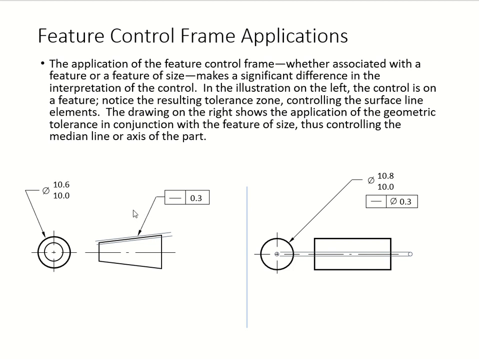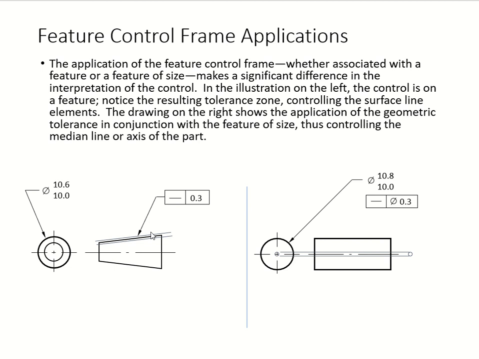Here on this side, that's your left, this control we call it feature. So when you notice your tolerance zone, don't feel bad when you read a resulting tolerance zone. All you have to know is we're talking about this surface, tolerance zone, geometric tolerance, that's where your two little lines with the sides are going to be right in there.